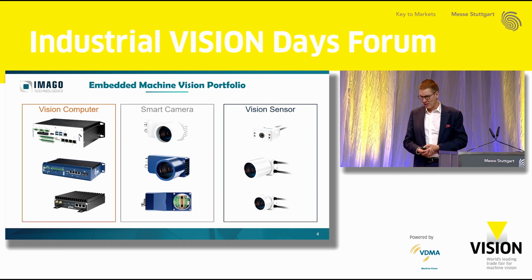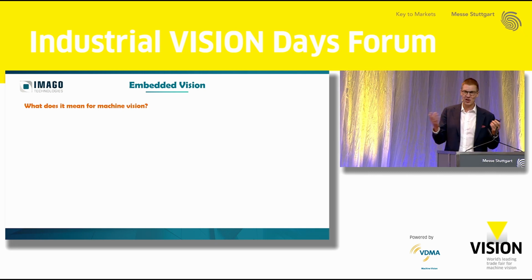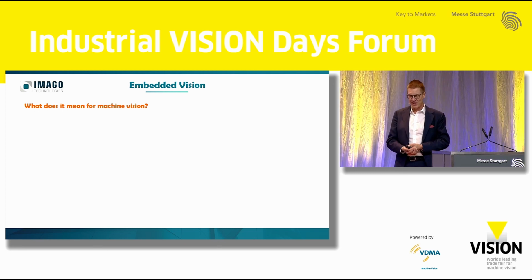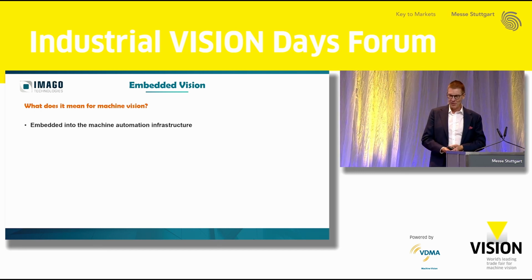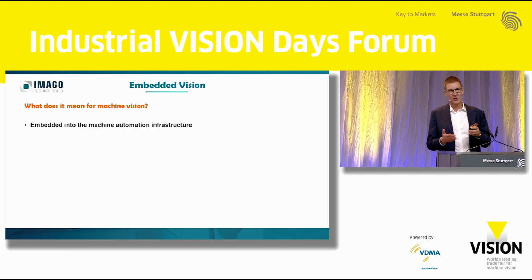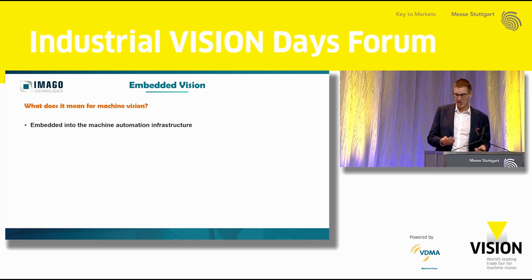Coming to embedded vision. What does it mean for machine vision? Embedded vision has many sectors, especially in machine vision. First of all, we want to embed the system into the machine infrastructure, a kind of optimization level.